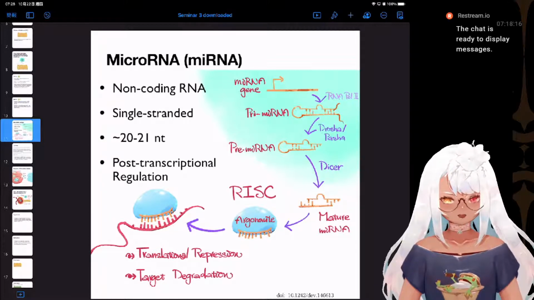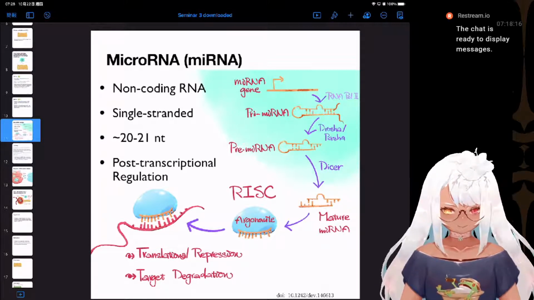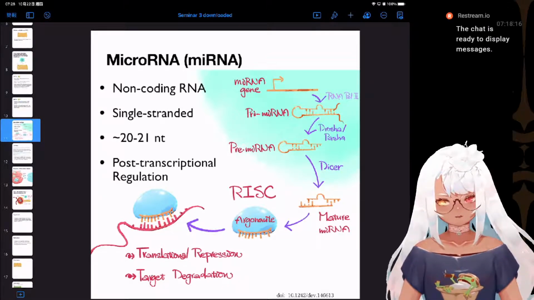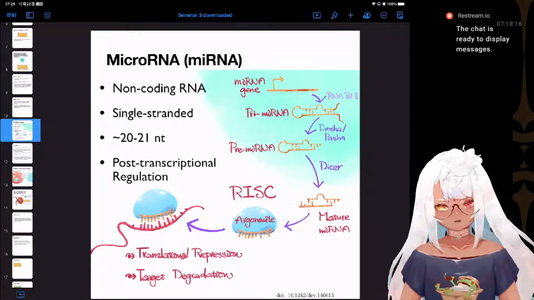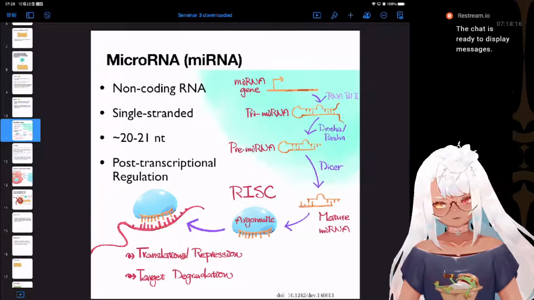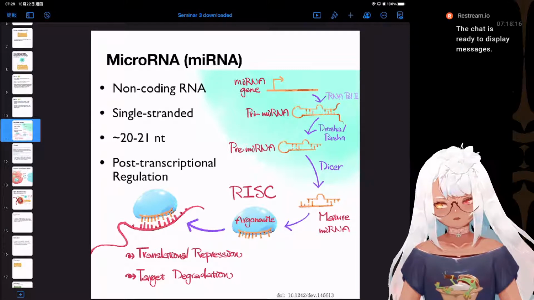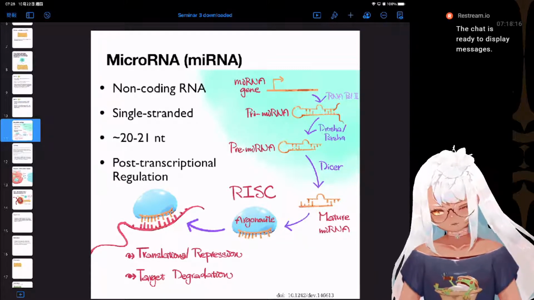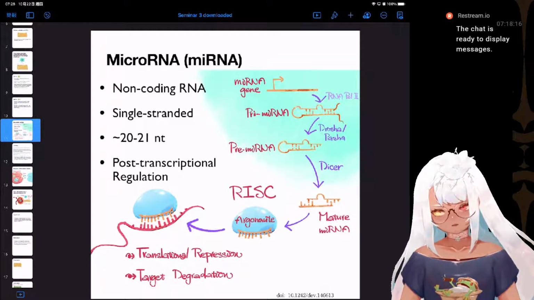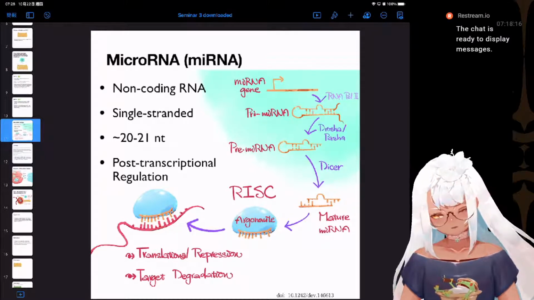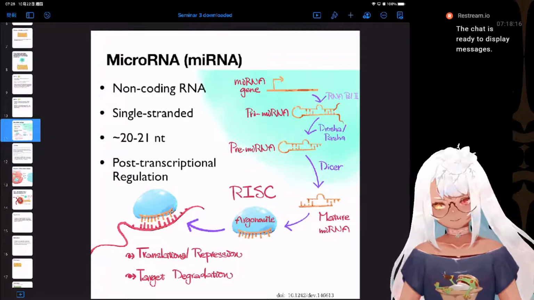The mature miRNA will then form a complex with Argonaute, forming the RNA-induced silencing complex, the RISC complex. The RISC complex, along with its companion RNA, will then target messenger RNA. It will either repress the translation process or drive the degradation of the target messenger RNA.